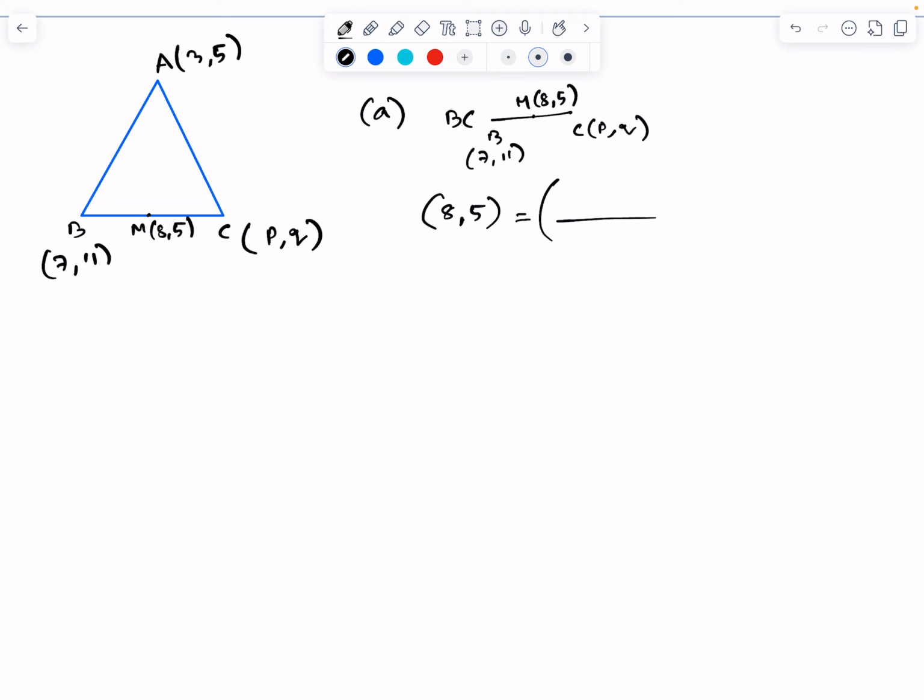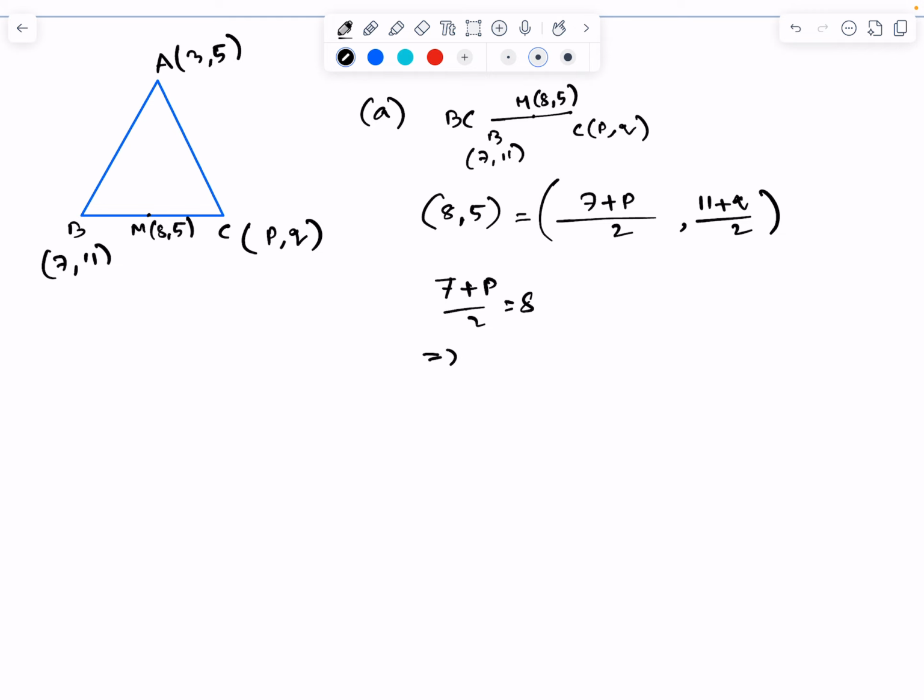We are going to average the coordinates of B and C, which is (7 plus P) over 2 and (11 plus Q) over 2. By comparing both sides, we can write (7 plus P) over 2 is equal to 8.